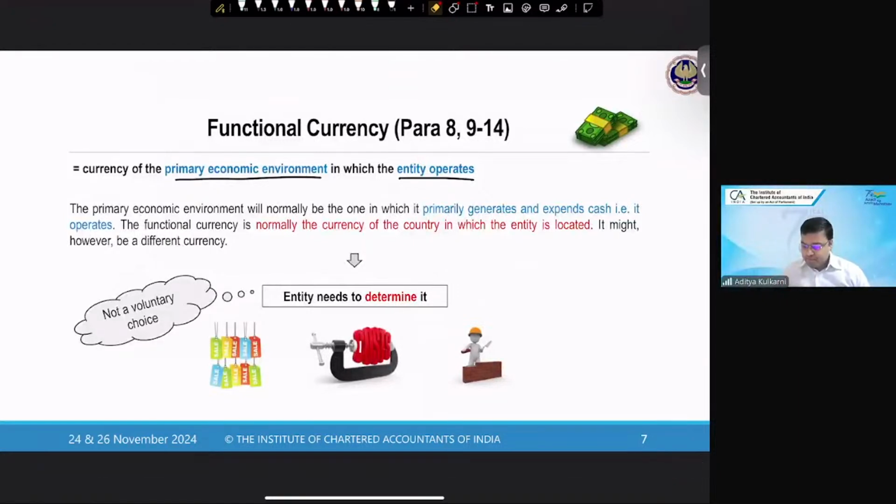The primary economic environment will normally be the one in which the entity primarily generates and expends cash. Obviously, in 99% of the cases, it will be the country in which the entity is located, because you cannot price your products or incur costs in a vacuum.